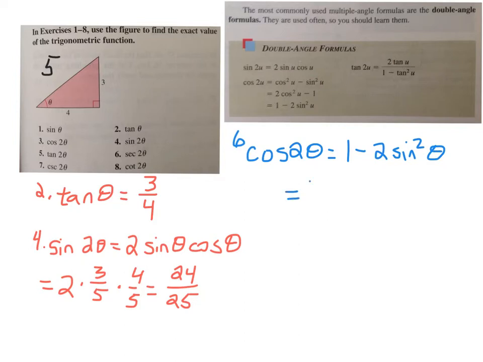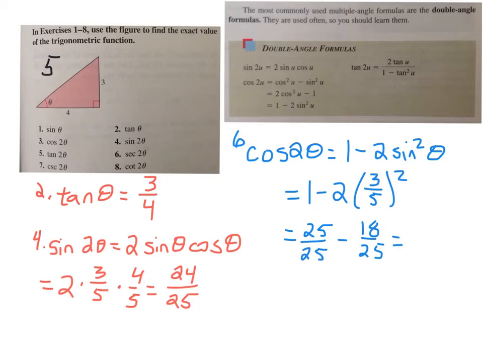So then 1 minus 2, sine is still 3 over 5 squared. So we'll simplify that. I'm going to change 1 into 25 over 25, minus, 3 times 3 is 9, so times 2 is 18 over 25.